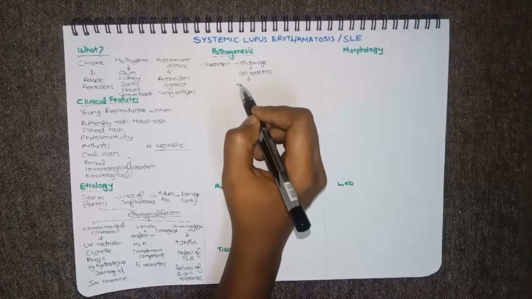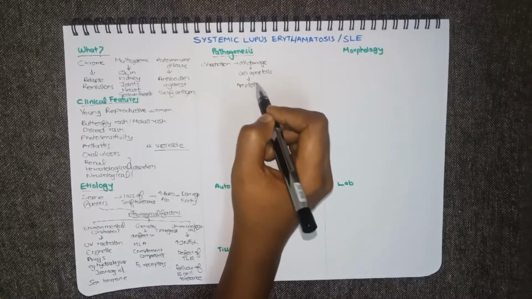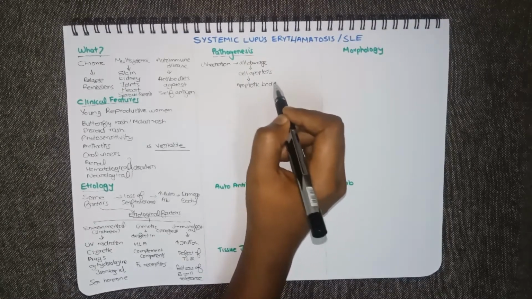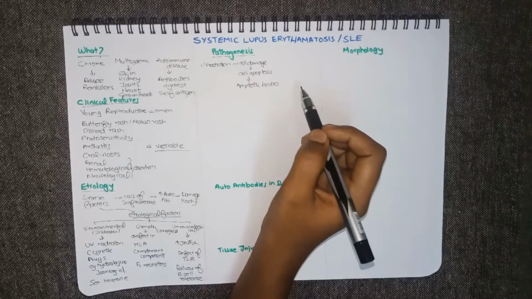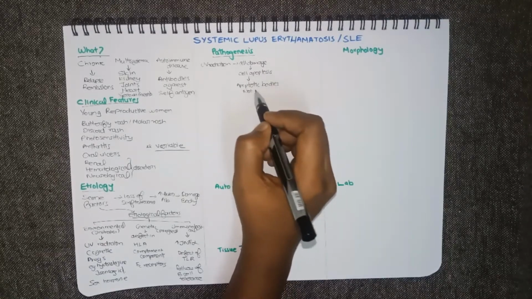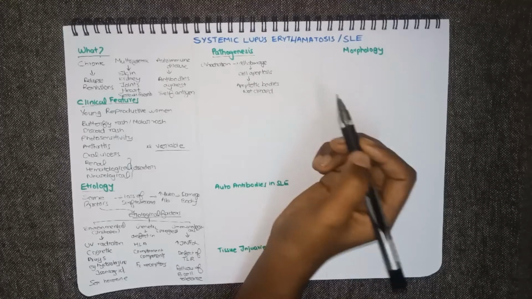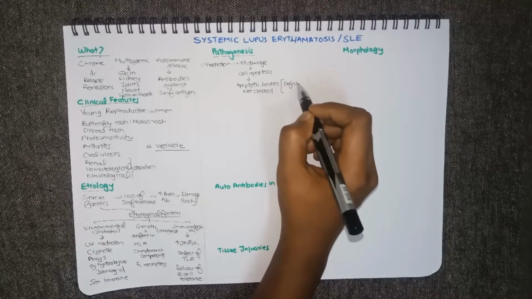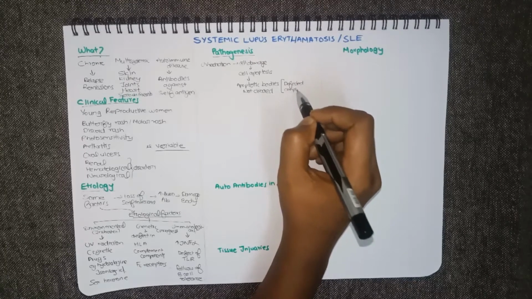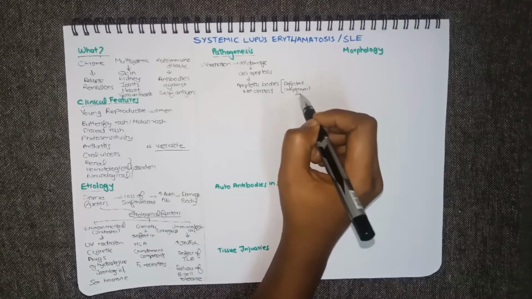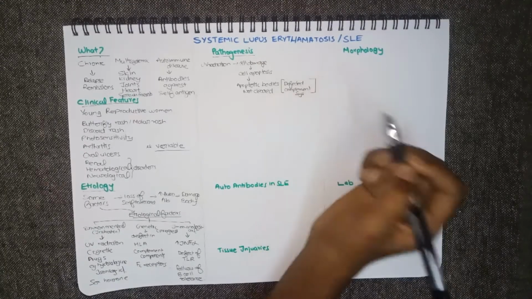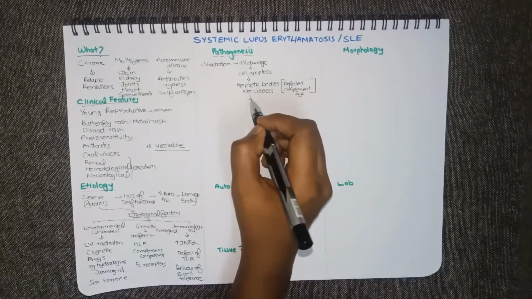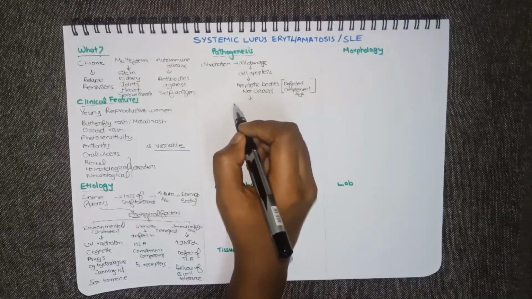Now the apoptosed cells fragment into pieces, and these are known as apoptotic bodies. Usually they are cleared out from the body by the complement system, but in SLE the complement system is defective, so they are not removed properly. This forms the first part of the pathogenesis.